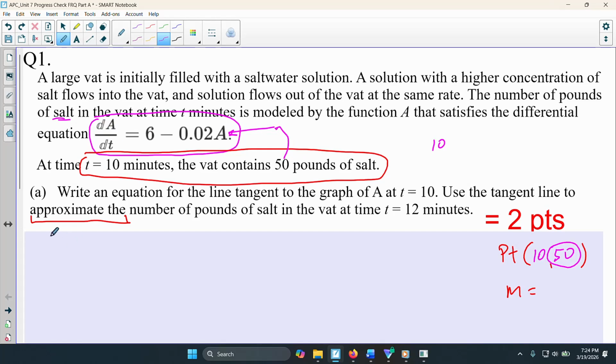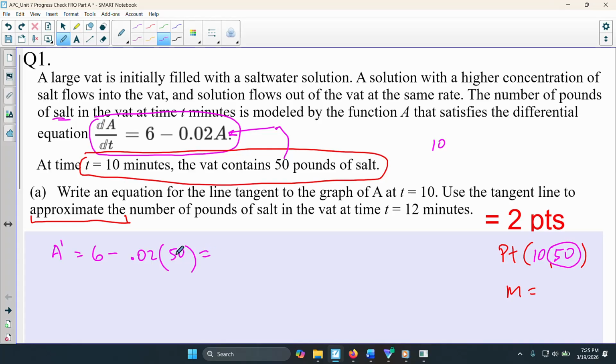So the slope there, so let's actually do this, A prime, I'm going to abbreviate it like this. 6 minus 0.02 times A. I don't remember if this is with or without a calculator, but it doesn't matter. I think the numbers are easy enough. So 50 in here, that's your A, or output.